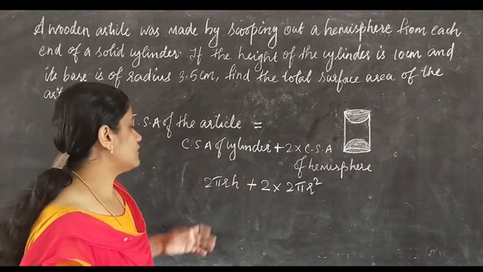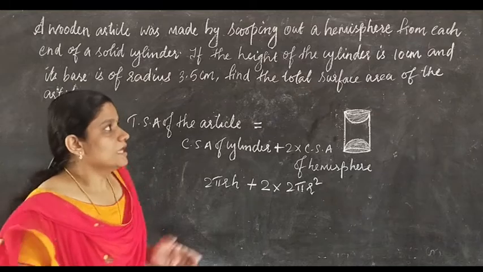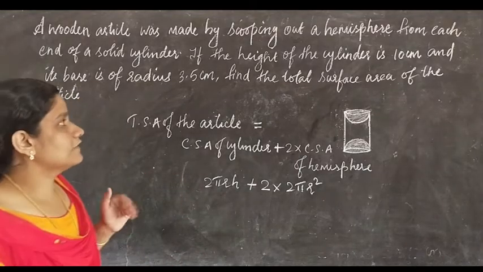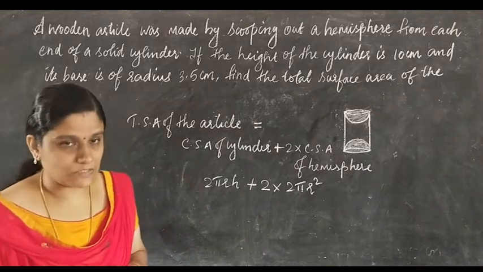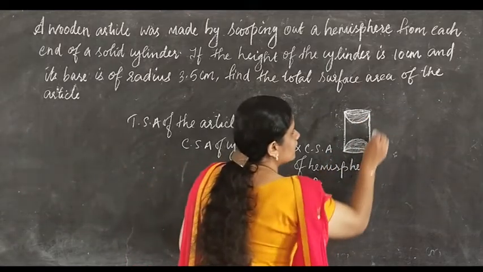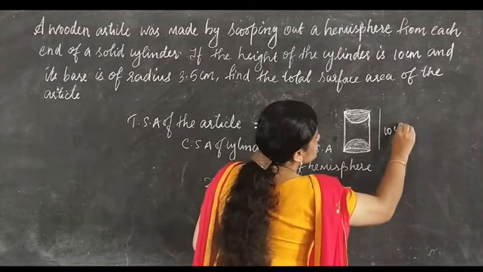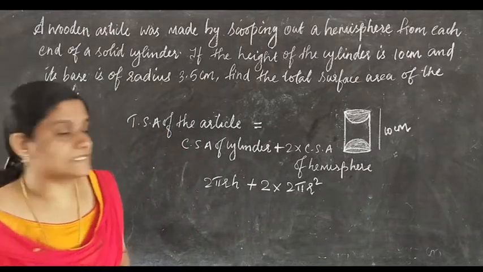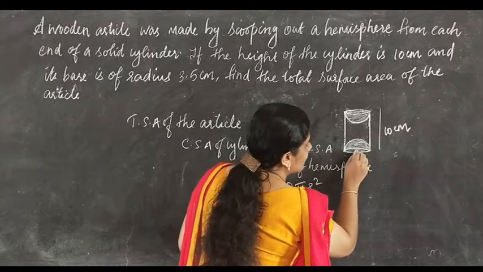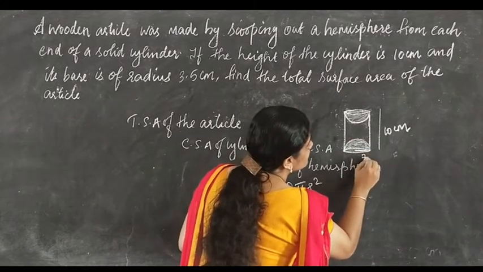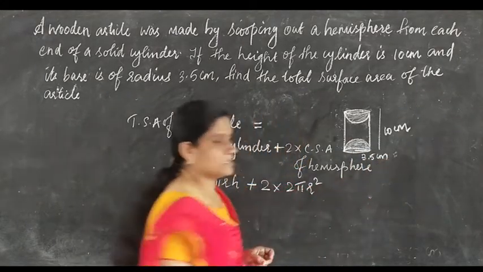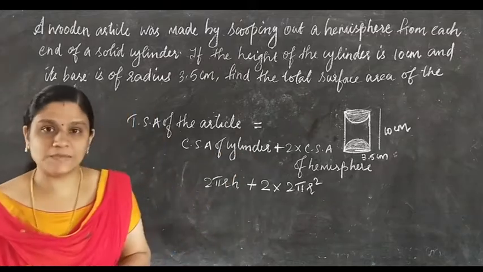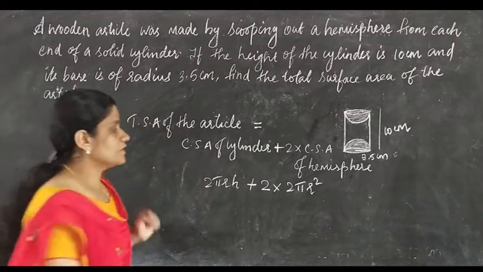Okay, now we have to get the radius and the height. In the question they have given us the height of the cylinder is 10 centimeters. So height is equal to 10 centimeter, and its base is of radius 3.5 centimeter. So we got the radius is equal to 3.5 centimeter. The radius of the cylinder and hemisphere are the same here, so we can substitute.